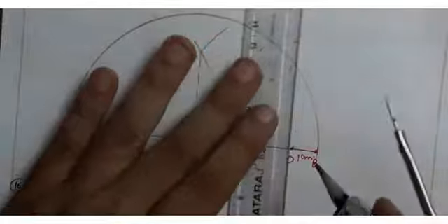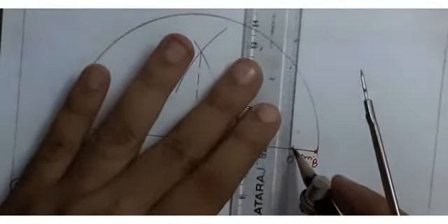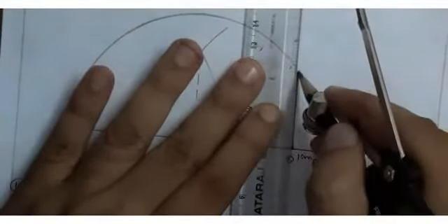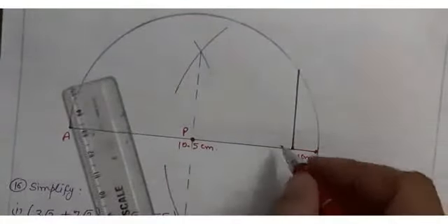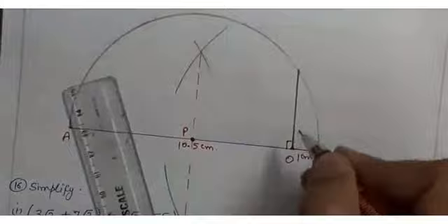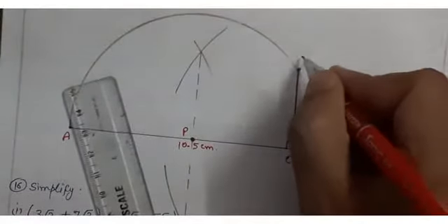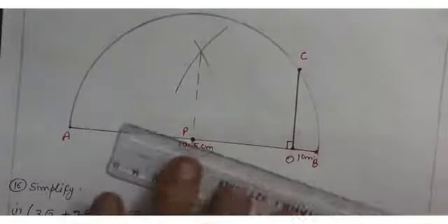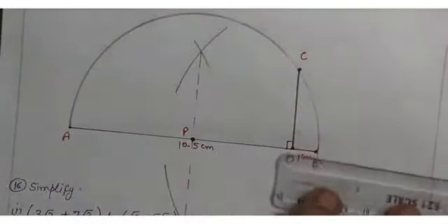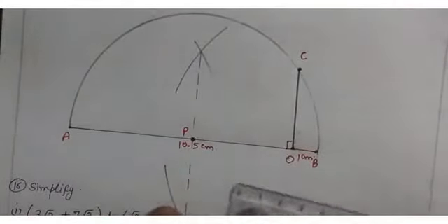Then you draw one perpendicular from point O, 90 degree at point O. Make it 90 degree here. This is your point C, and extend this line. Try to make it with one scale.